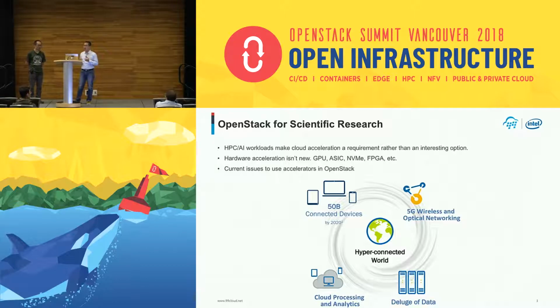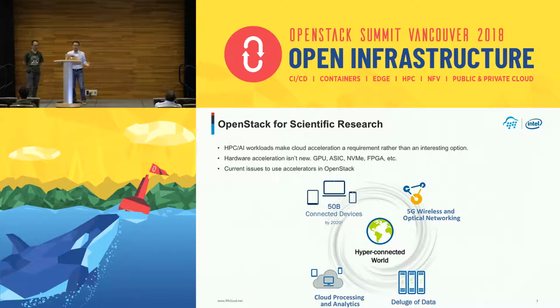In the cloud, normally we are doing web hosting and some simple IT applications, but maybe in the future we will apply so much analysis work and machine learning algorithms based on those data, so we can get knowledge from those data. So the HPC and AI work in the data center will be a necessity and not an option.